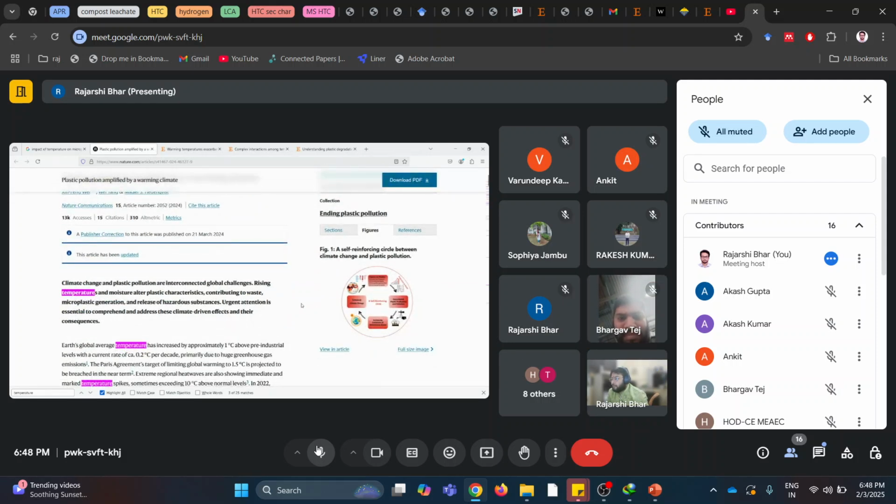To be very precise, what it says is that rising temperatures and moisture alter the plastic characteristics, which is quite evident. And when I am talking about the rising temperature and moisture, that is not something for a day or two, but something that is taking place for quite an extended duration of time.